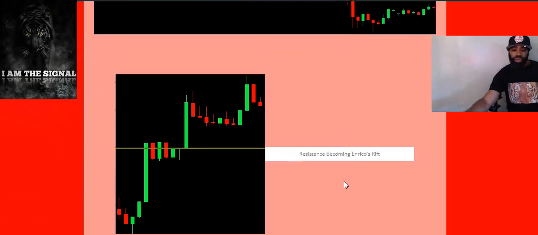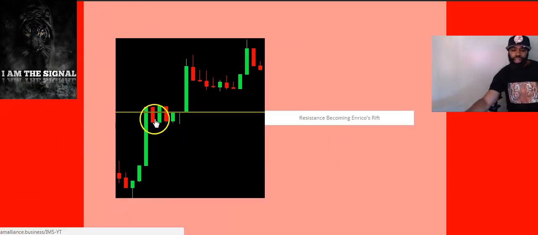So here's a resistance right here, and it's becoming an Enrico's rift, right? It opens and closes above the resistance level, right? Easy little resistance level. See, this candle is bigger than both of them, and we got the line lined up right here from when it used to be a resistance, and now you see it comes up and becomes a support level and an Enrico's rift.